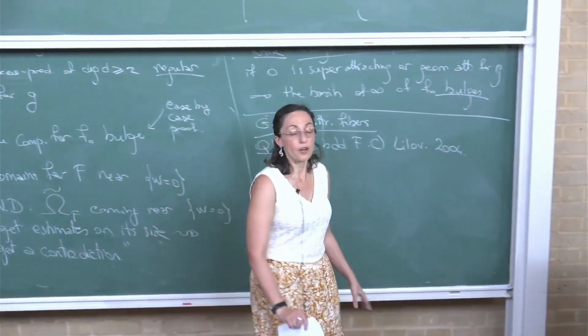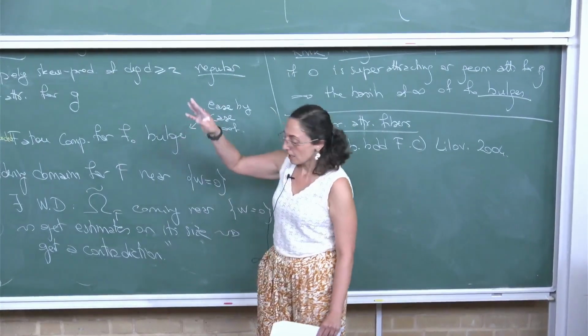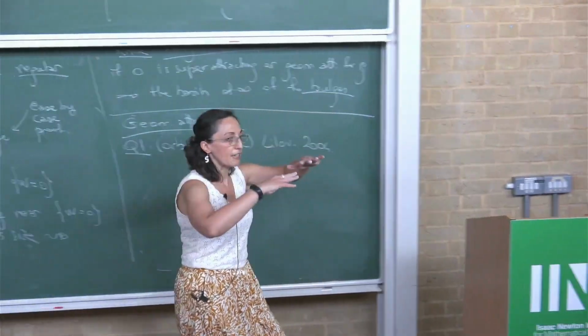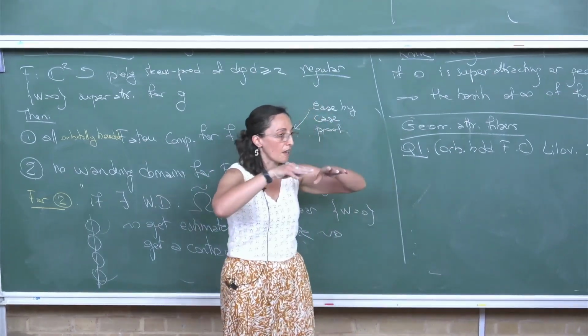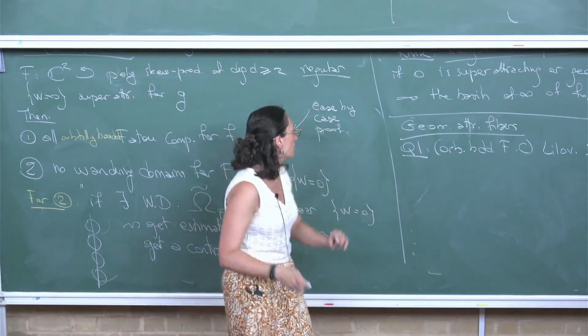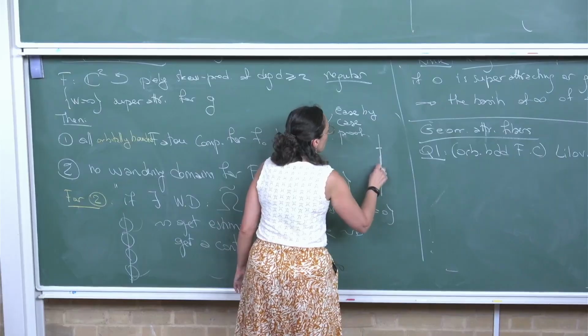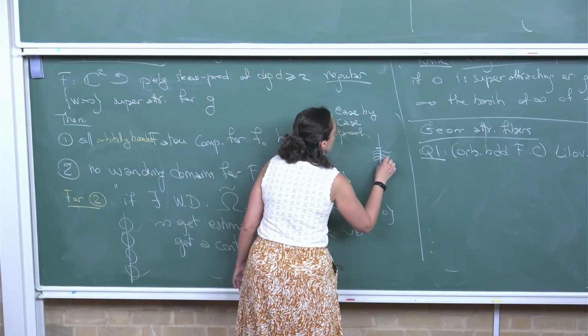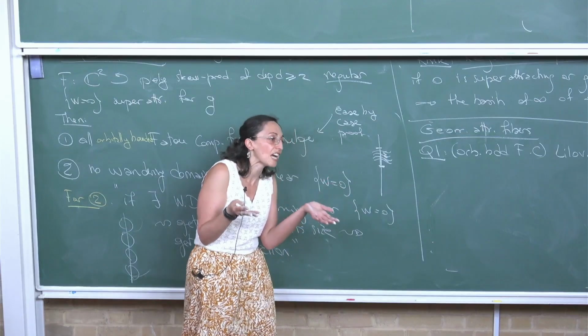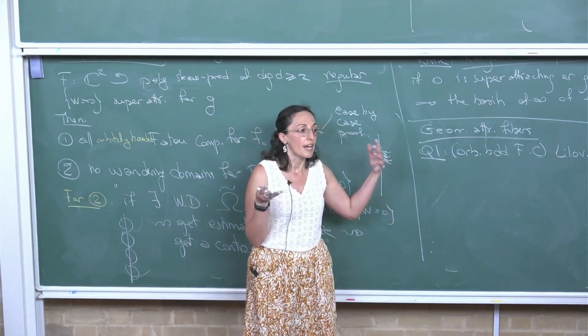So actually what I wrote in here, all orbitally bounded Fatou components for F0 bulge, stays as it is. What it proves is that you have, for those who know it, a strong stable manifold coming from every point. So when your Fatou component is on the invariant fiber, you have a strong stable. It is really as if it was a direct product.